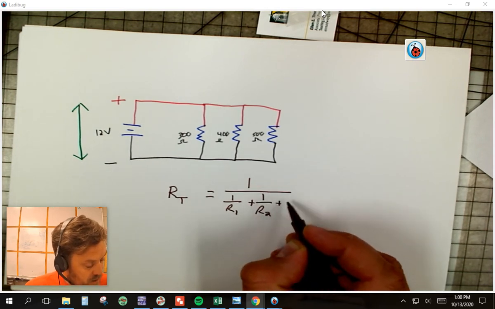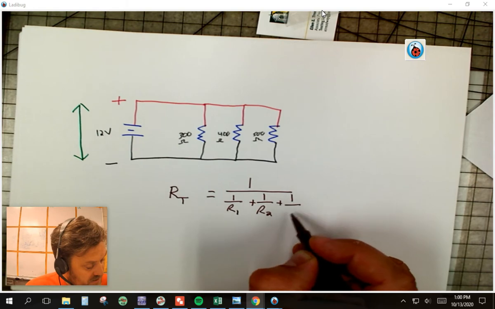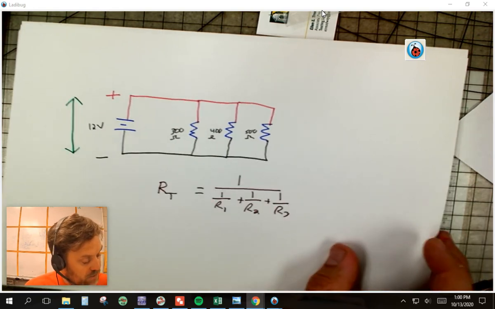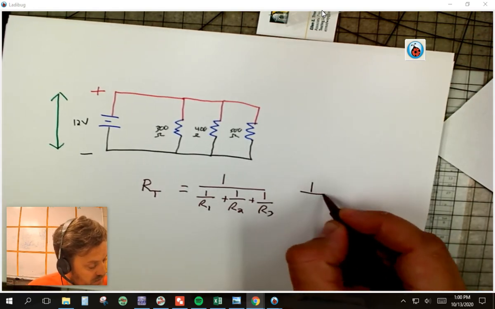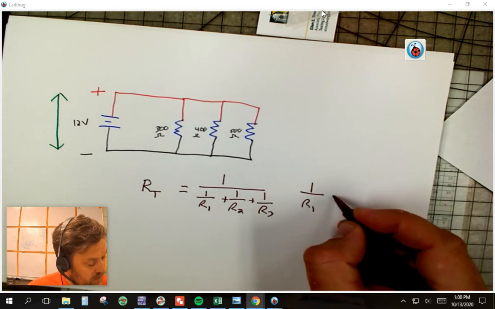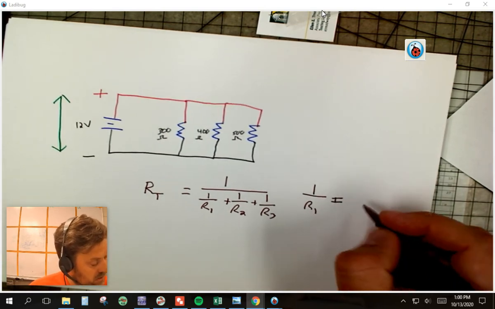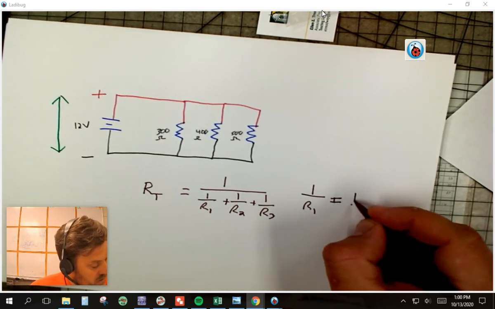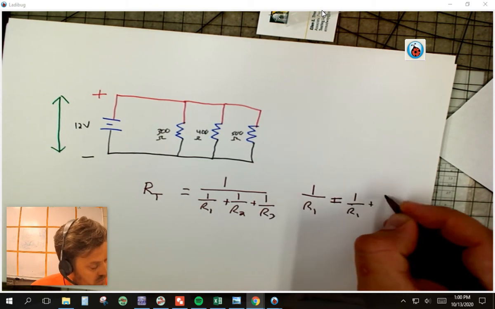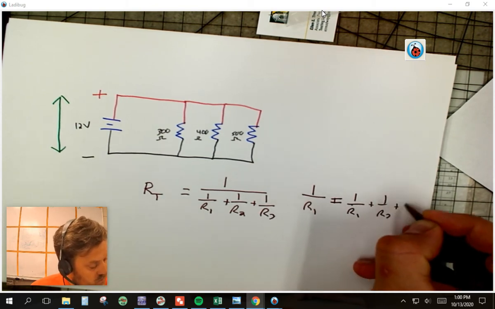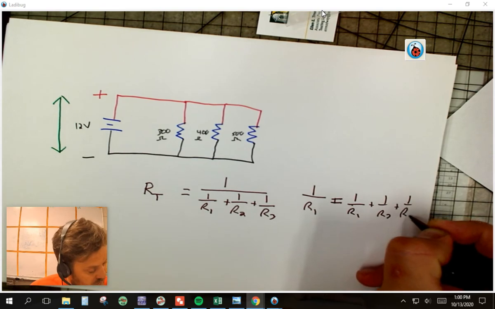And this is the formula. Project Lead the Way gives us this formula, and I'm going to write both of them down. And they also give us this formula, and both of these equal 1 over R1 plus 1 over R2 plus 1 over R3.